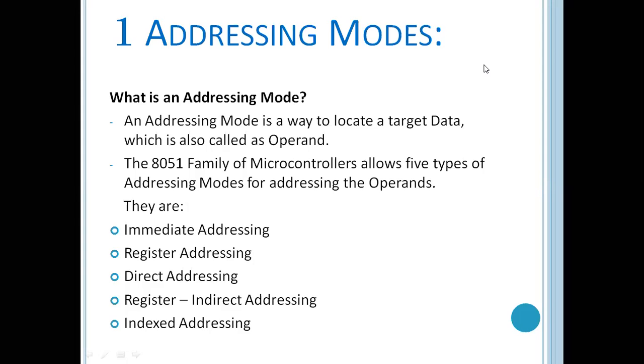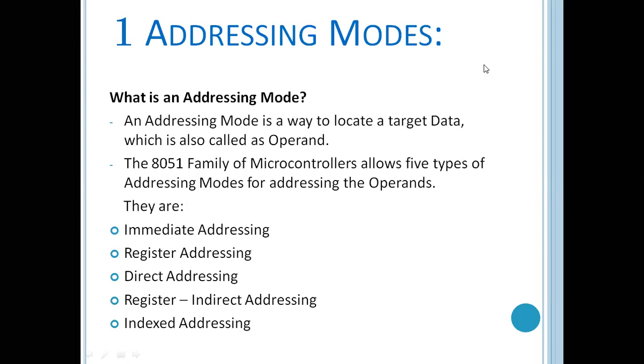If we compare these addressing modes with 8085, all the first 4 addressing modes are similar, that is immediate, register, direct and indirect. Last one is quite different. In the 8085 we are having implied.